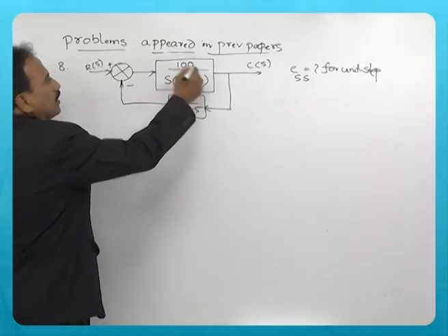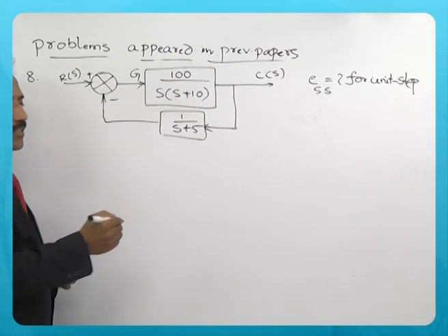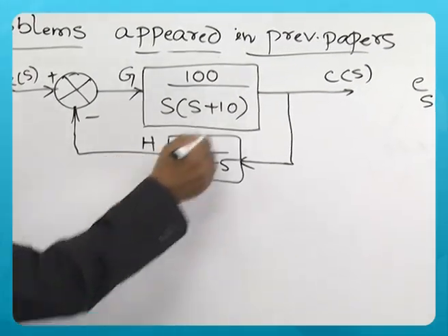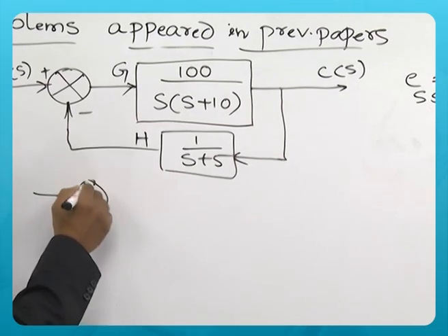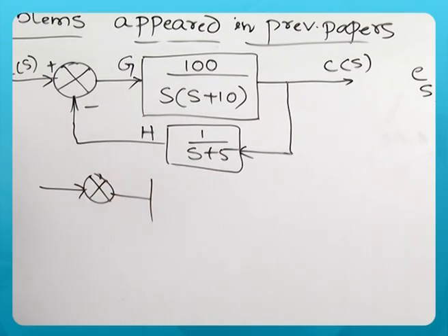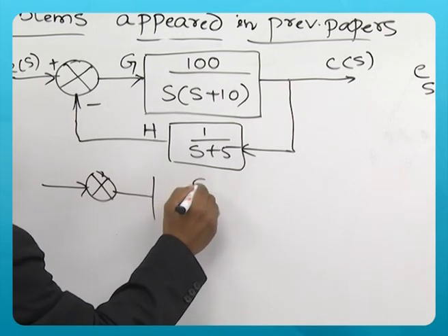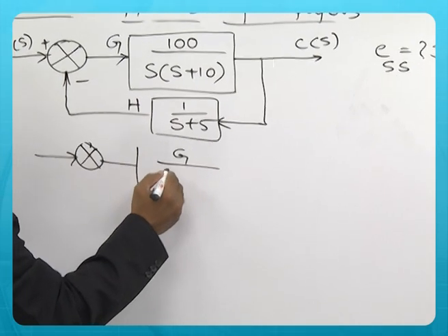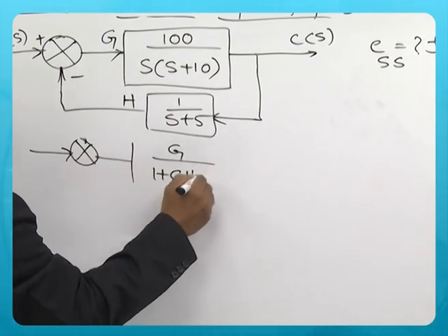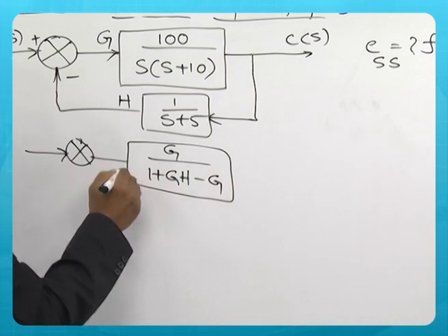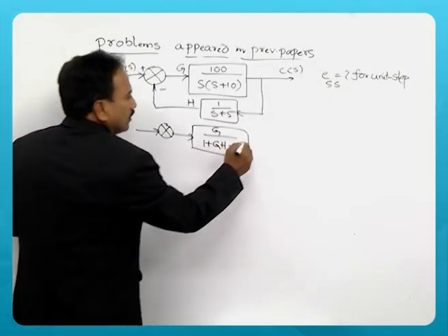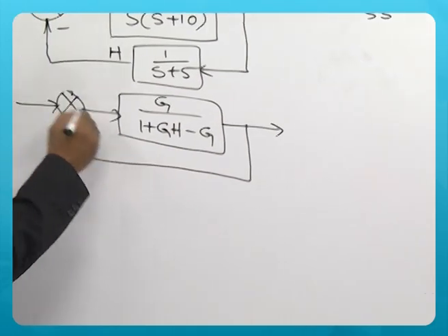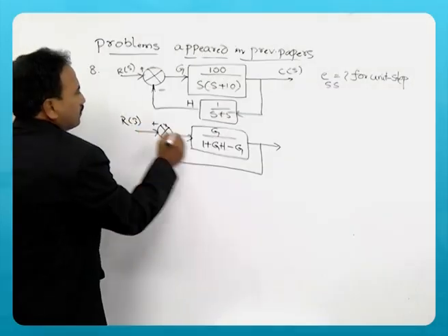Consider this block as G, forward path gain, and this as H. Then this block diagram you need to convert into unity feedback control system, and the block in the forward path will be G by 1 plus GH minus G. You need to obtain this block to make this non-unity feedback control system into unity feedback control system.